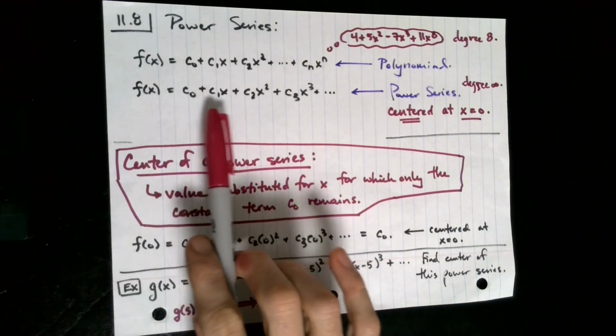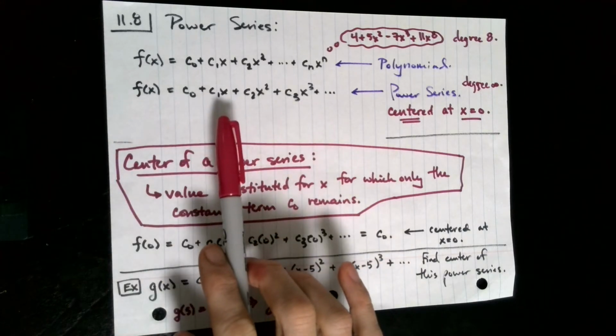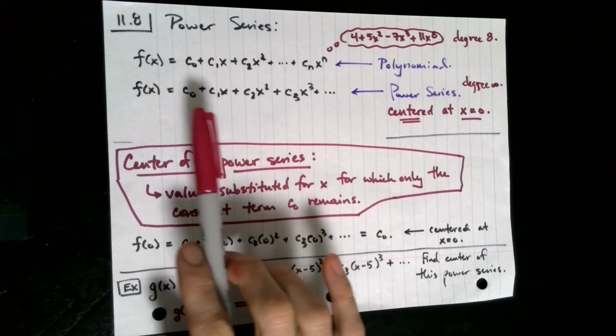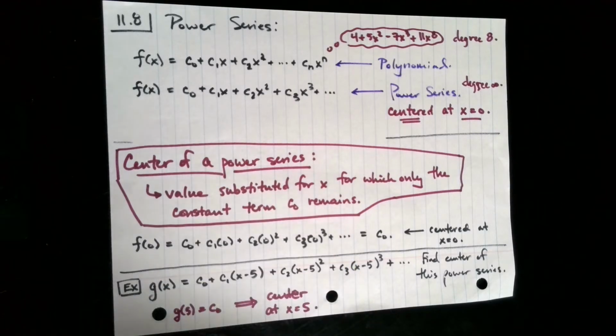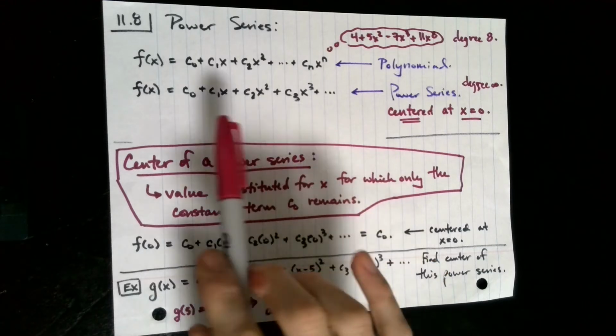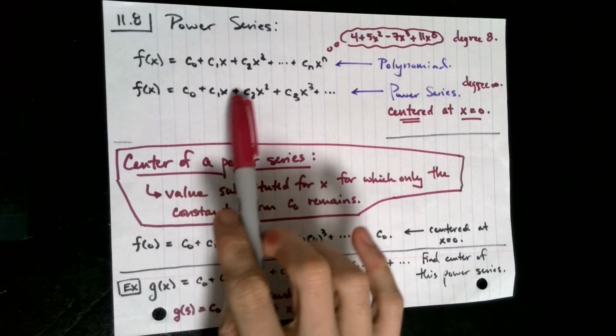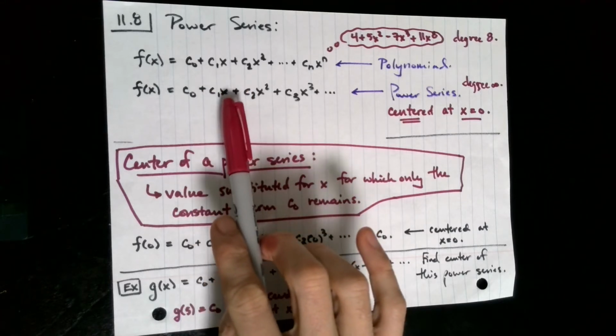So looking back up here at this polynomial, I claim there's a value you could plug in for x to where only the c0 term would remain, to where all other terms would get wiped out. If you think about this, what could you plug in for x that would wipe out this c1x term regardless?